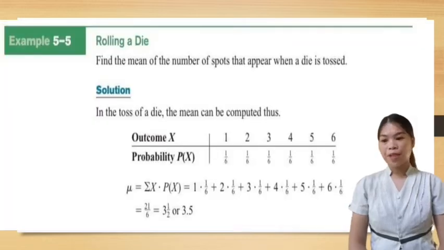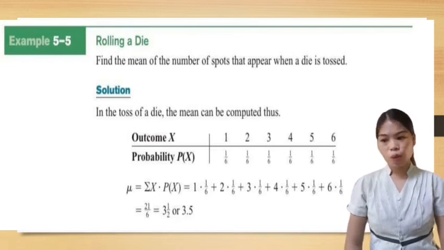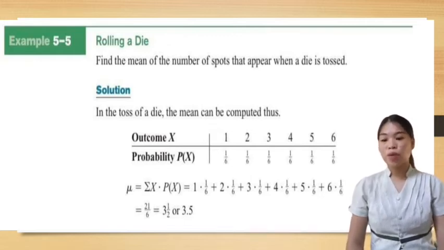So for example, rolling a die. Find the mean of the number of spots that appear when a die is tossed. In the toss of a die, the mean can be computed.